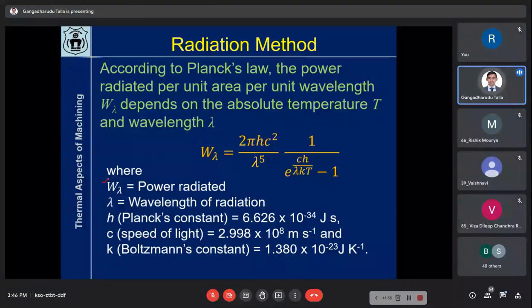There will be sensors, so you'll keep the sensor very near to the cutting zone. So there is temperature generated, so some radiation will come. Based on the amount of radiation, W lambda will be determined, and lambda will also be determined. So the remaining values you know, and based on that, you estimate the temperature.